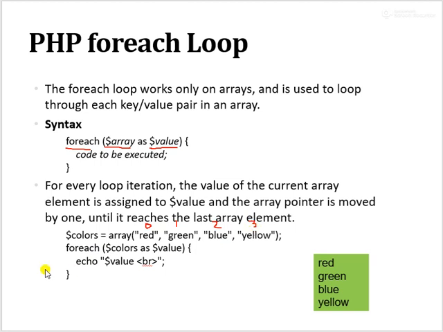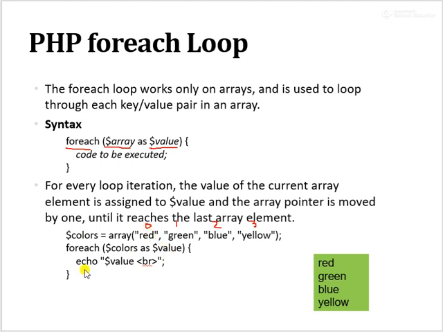Okay, and now for the foreach loop, the name of the array is colors. We want to execute this foreach loop on the array colors, as is a keyword, and then value. When we say value, it automatically syncs itself to index 0.